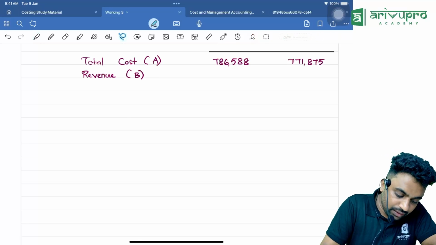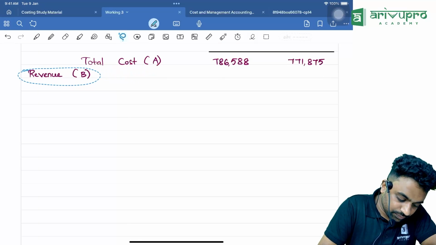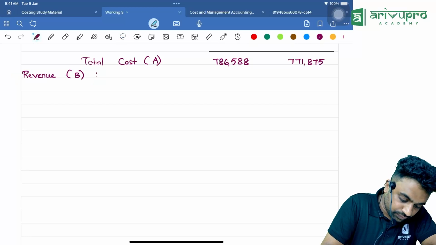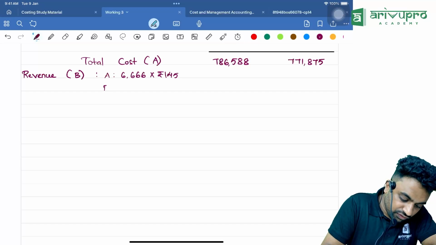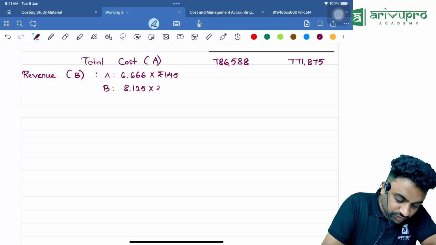For A it would be how many units? 6,666 units. And what is the price? 145. For B it is 8125 units. How much per unit? 115.